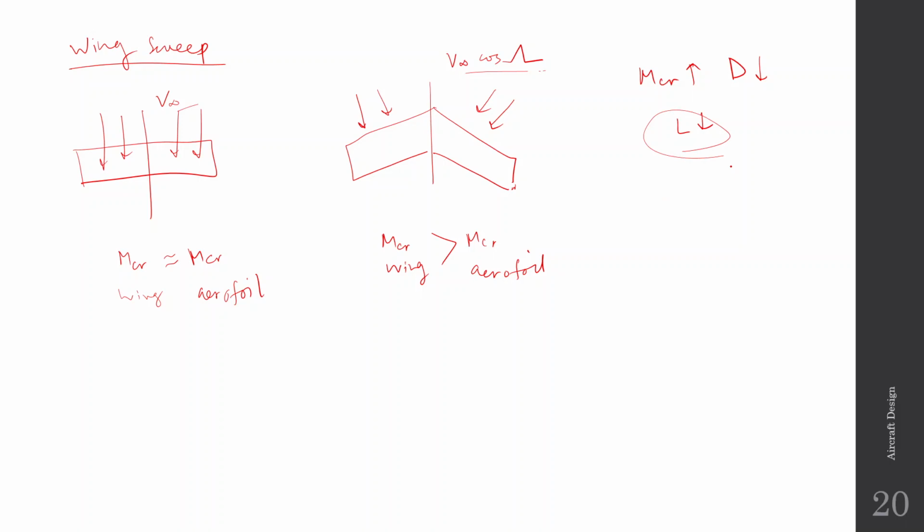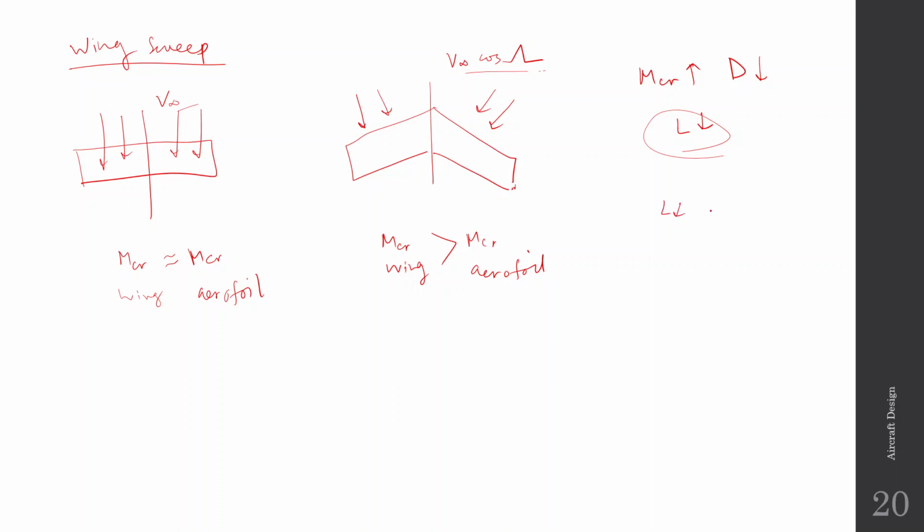Okay, but this might not play a huge role, because see, if you're flying at MCR or close to MCR, then it means that you're flying at very high velocity. So the velocity is very high. Okay, so you can compensate the low lift with a higher velocity.